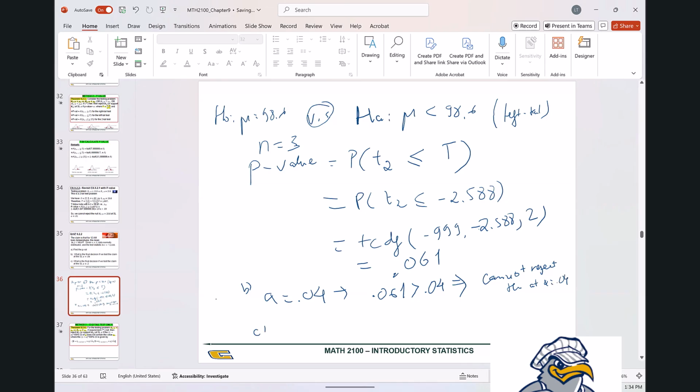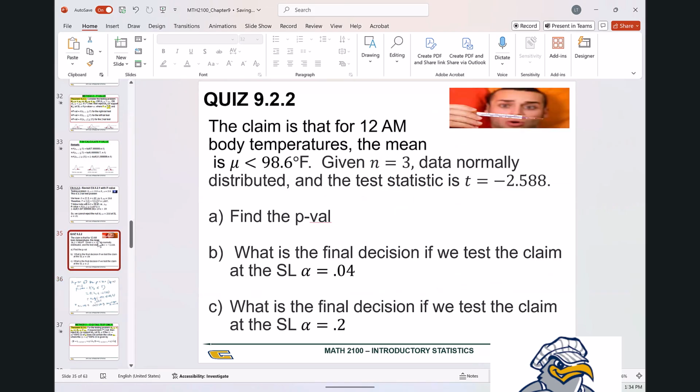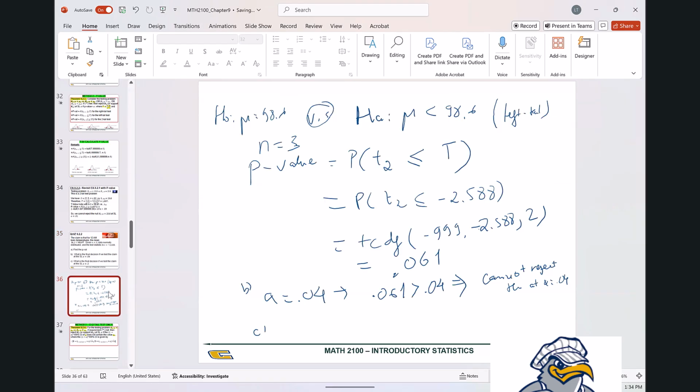But here in this case, you have a bit more liberty. If alpha increases to 0.2, which in some cases is still acceptable, then you can see that your p-value is less than alpha. So in this case, you reject H naught at alpha equal to 0.2.